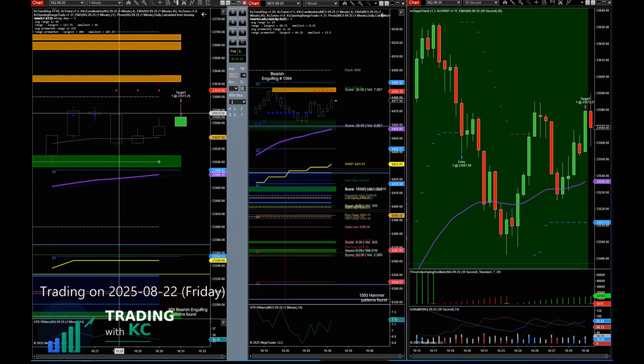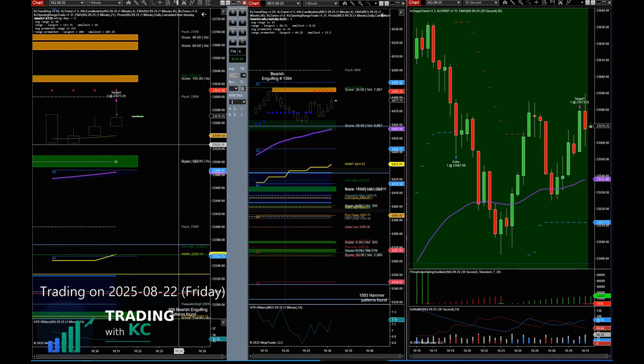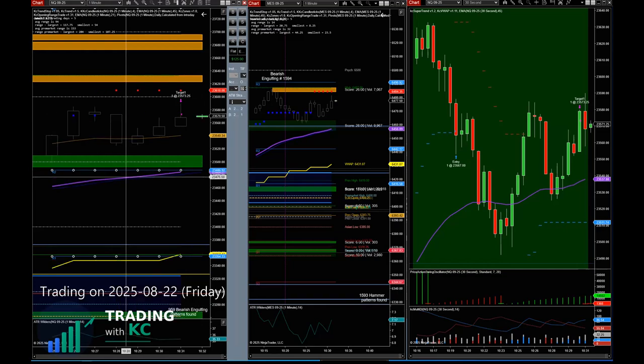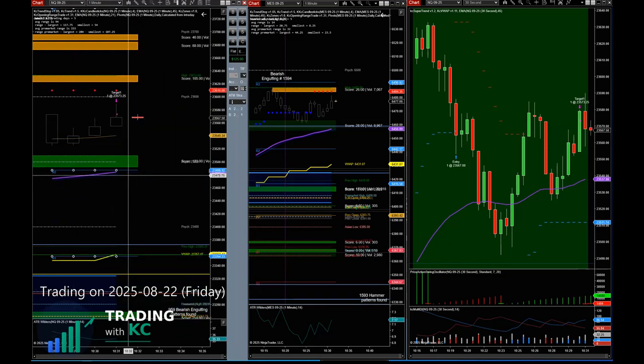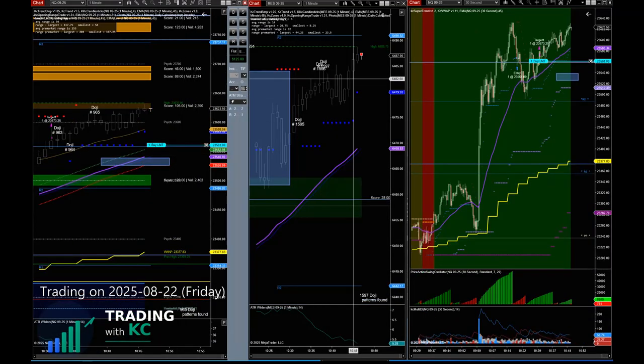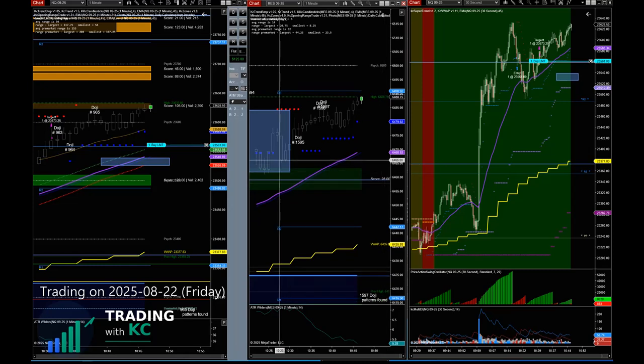Okay, since all this is happening, I would now only take a long if it came all the way back to the 45 EMA, right there. I'm not going to touch it otherwise. Now it broke through here, but it did not break through here, but I managed to here.